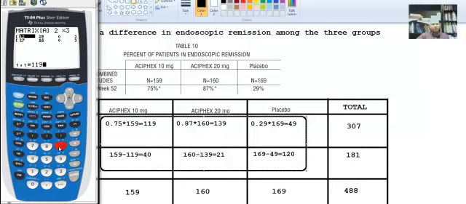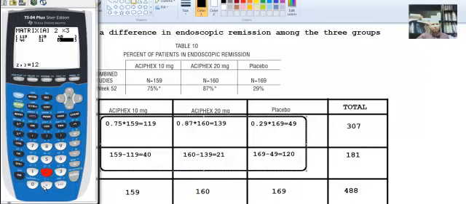So we got 119, then we got 139, and then we got 49, right? And then we got 40, and then we got 21, and then we got what? 120.